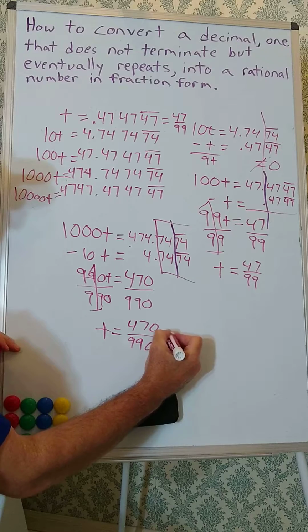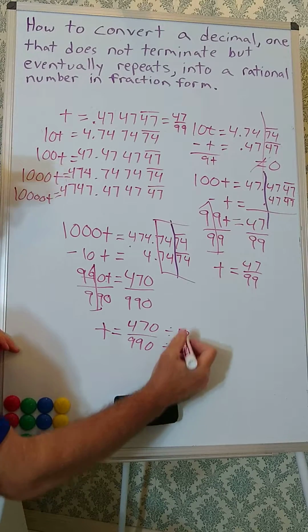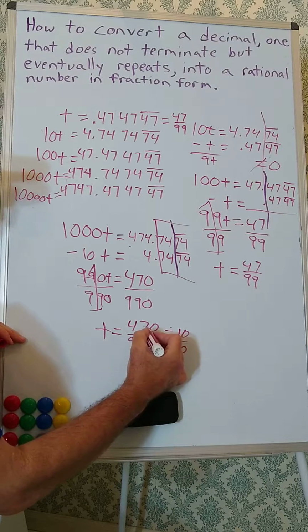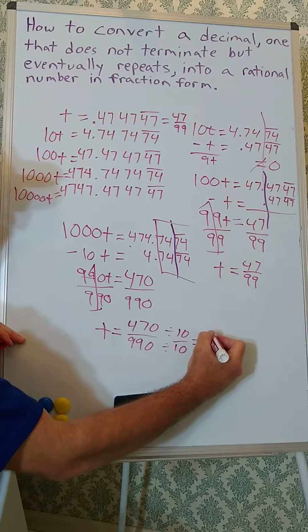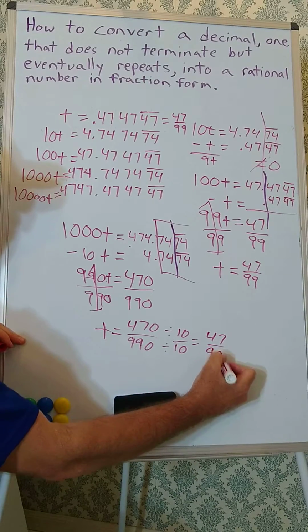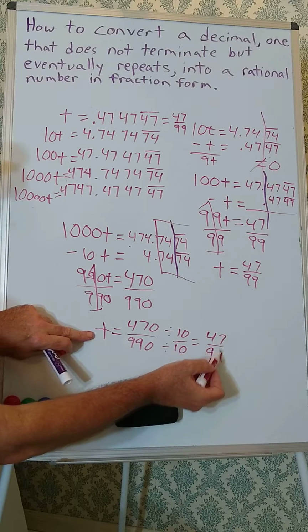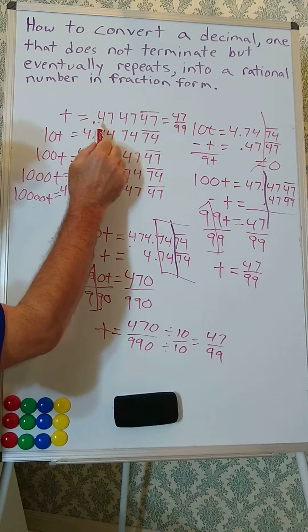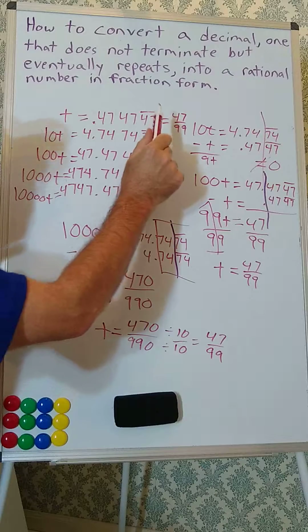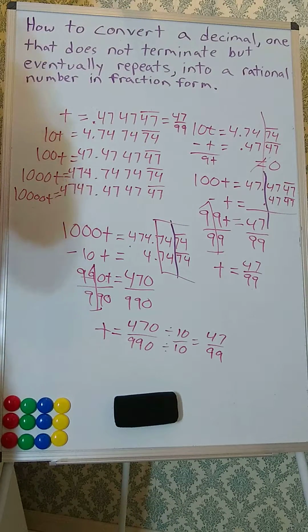These two numbers have a common factor of 10, so I'm going to divide by 1 in the form of 10 divided by 10, and this is equal to 47 in the numerator. The denominator is equal to 99. And again, we see that t is equal to 47 divided by 99. So 0.4747 repeating is equal to 47/99.